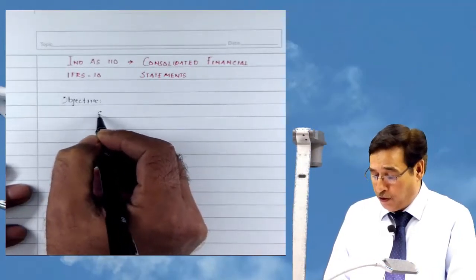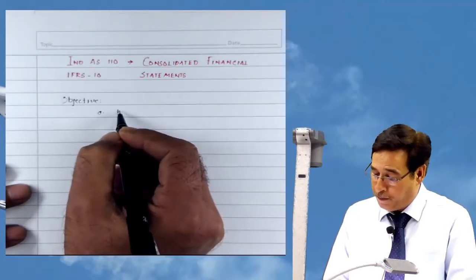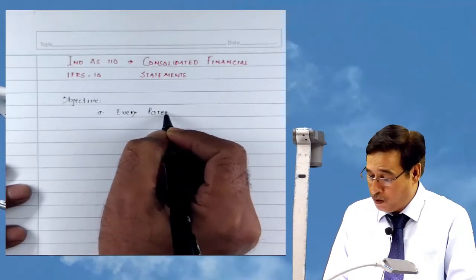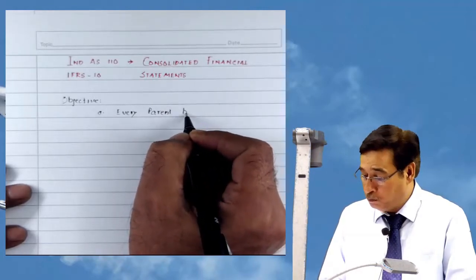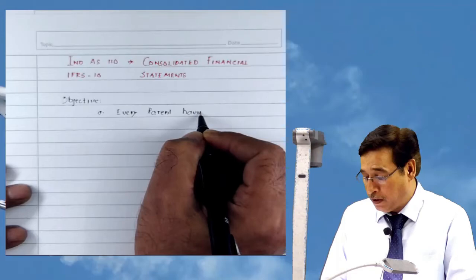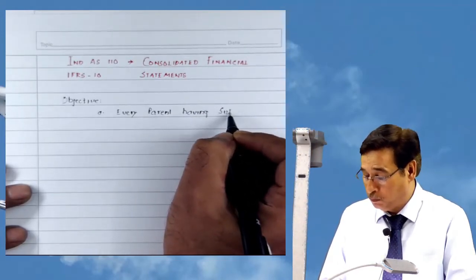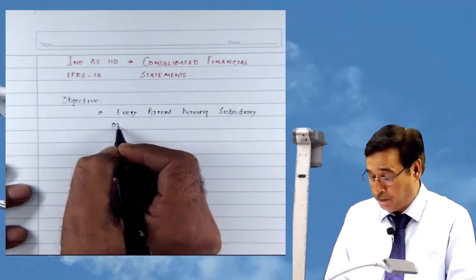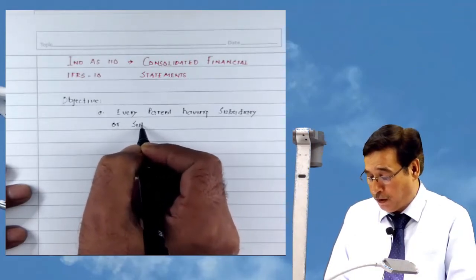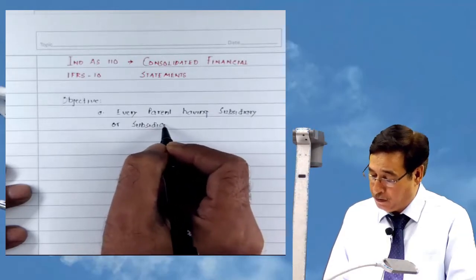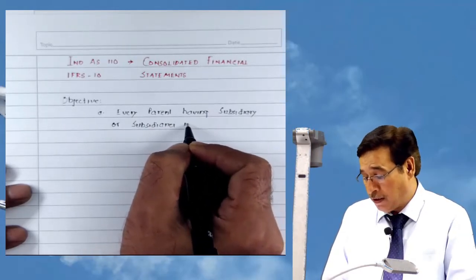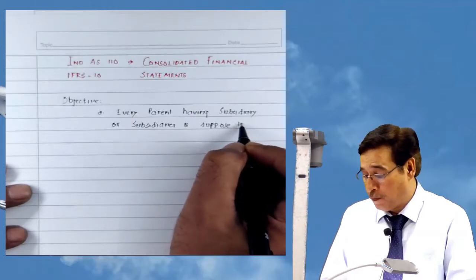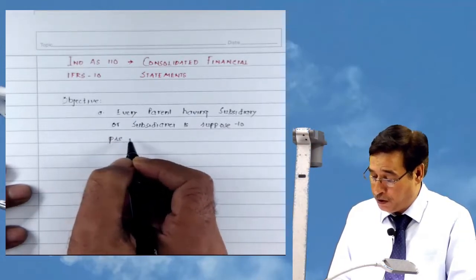The first guideline of this standard states that every parent having a subsidiary or subsidiaries, you may have one subsidiary, you may have more than one, is supposed to prepare what?